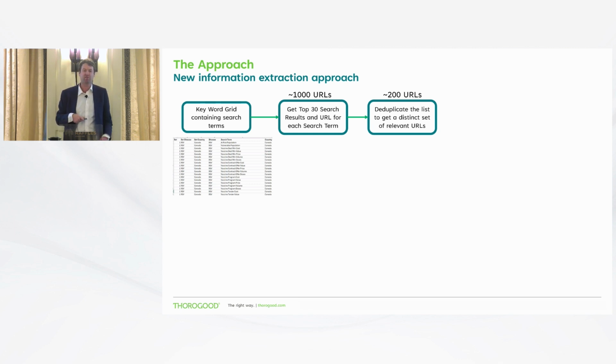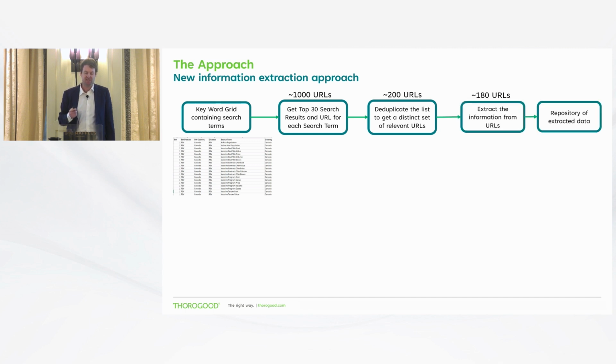So we've already gone from 86,000 initial research results in that Google search to about 200 web pages that might have the relevant information that we're looking for. What the tool then does, once we've found these relevant websites, is extract the information from them and store it in our data platform. And then we're using a RAG chatbot to ask questions of the data that's stored in that repository.